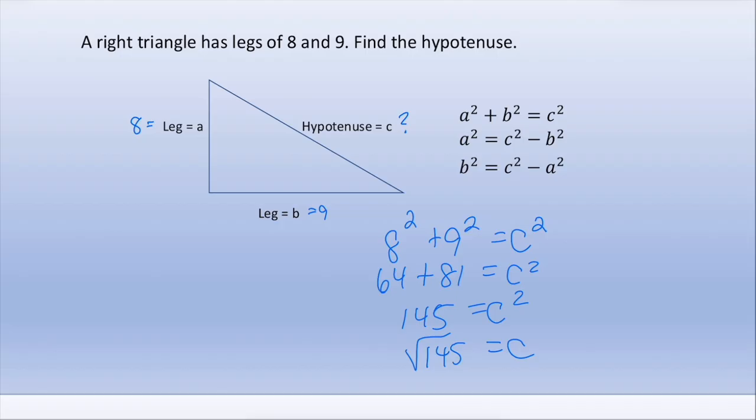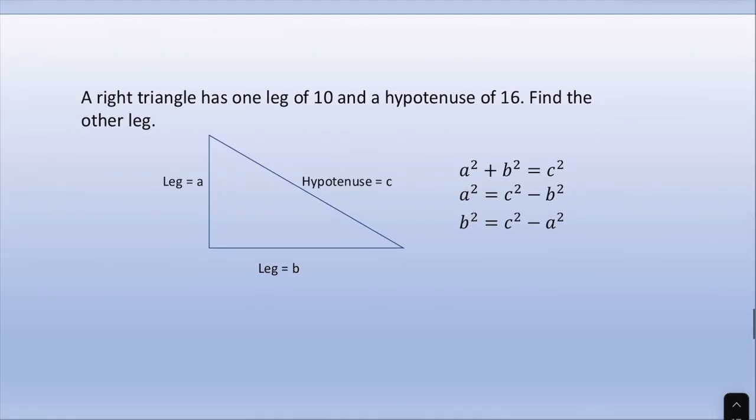If you were to put it into a calculator, sometimes the instructions might say round to the nearest tenth or something like that. C is approximately 12. The square root of 144 is 12, so 145 is about 12. So C is around the length of 12. The decimal is like 12.04, so just a touch over 12.